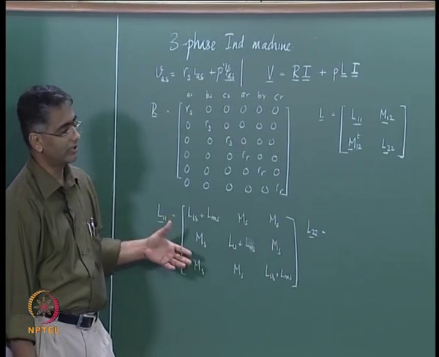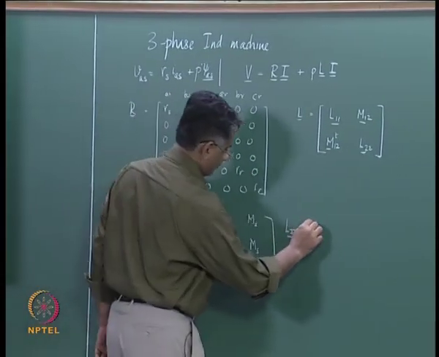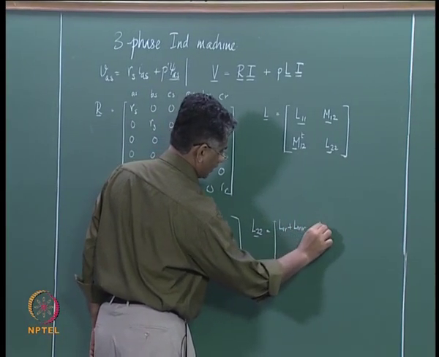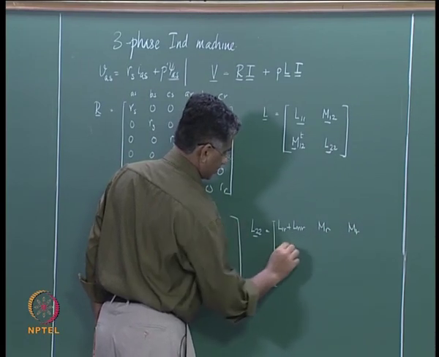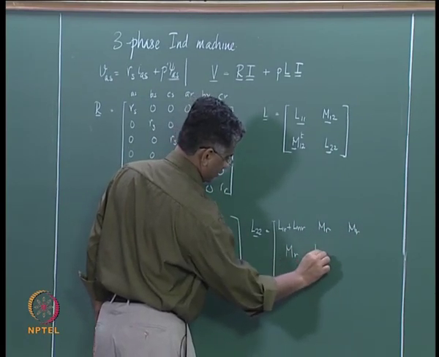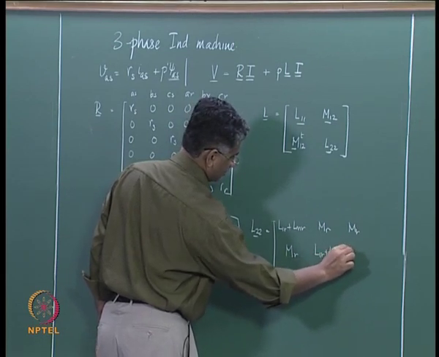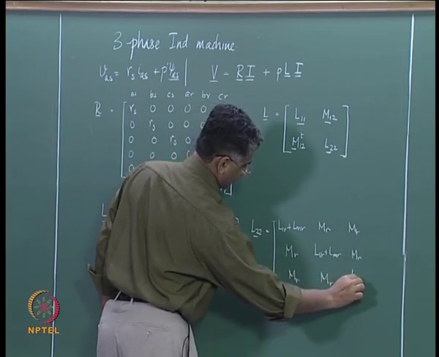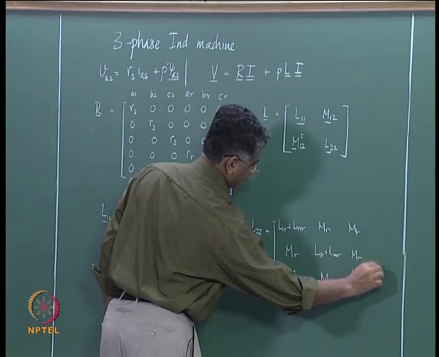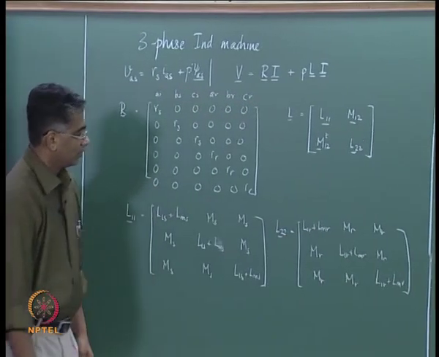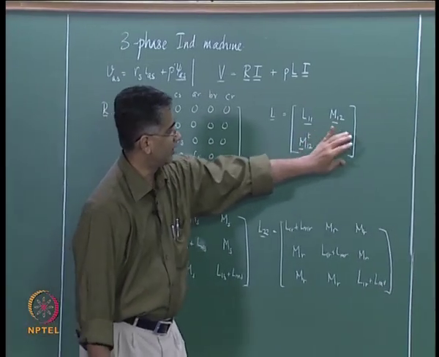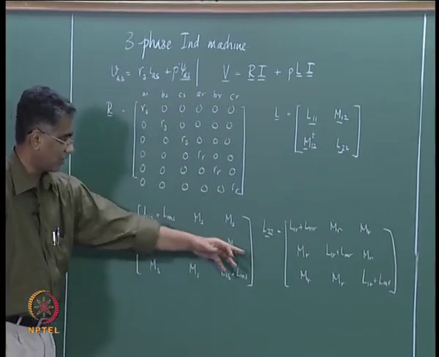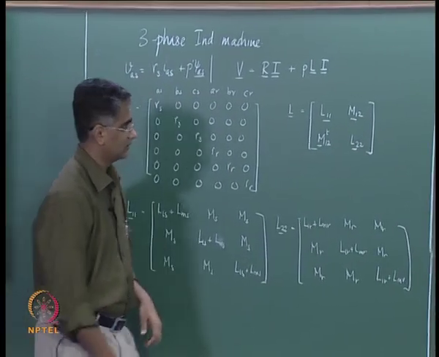This pertains to the inductances of the rotor, and therefore what you would have is LLR plus LMR, and then MR, MR, MR here, again LLR plus LMR, MR, LLR plus LMR. So this is the matrix that is going to multiply IAR, IBR and ICR, and the form is very similar to that of this matrix.